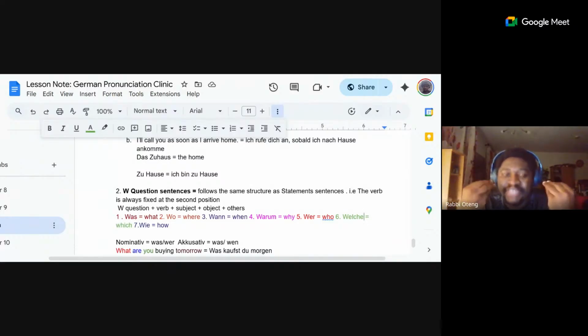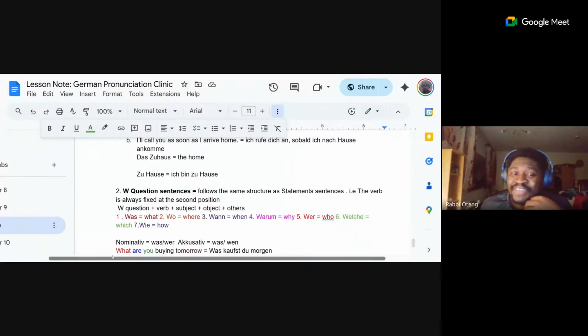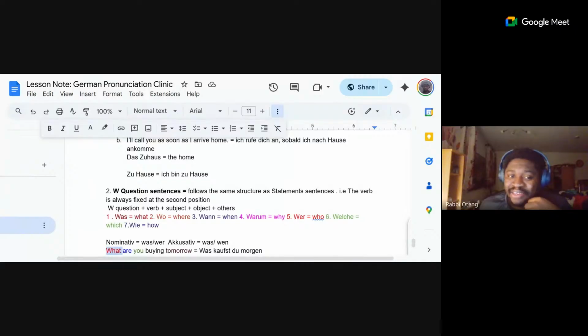But here I'm telling you that with welche, the was doesn't change, but welcher changes. I just want you to know that when there's a what in the sentence performing the action, then what we are talking about is the direct object.